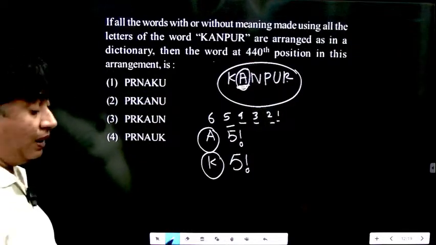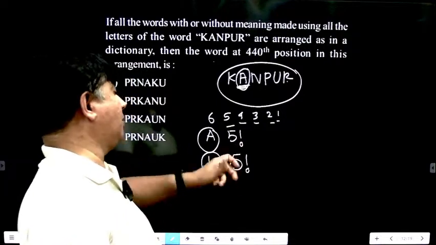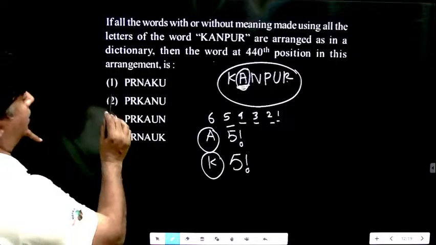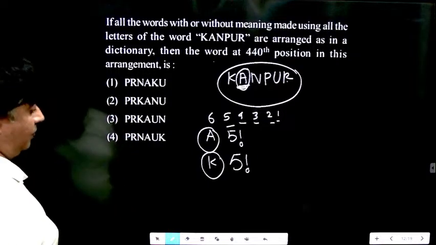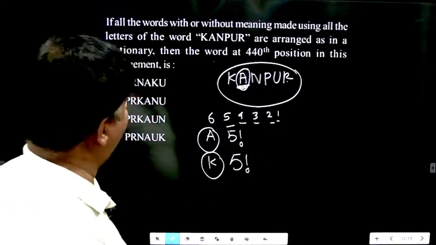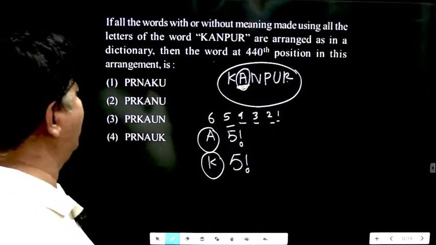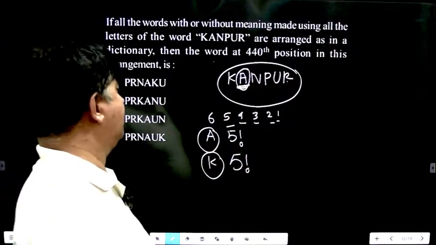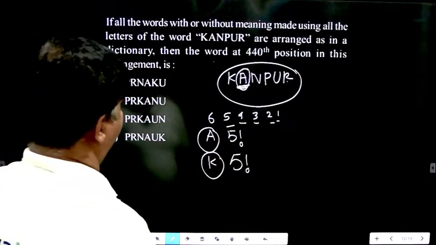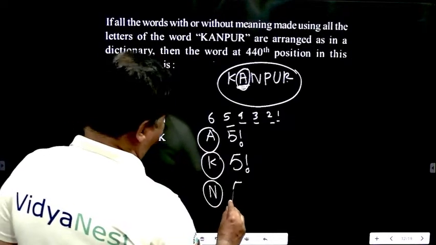You can ask me why I'm considering all this factorial 5, because I have to find the position of a word which starts with P, but we have not got the starter as P. Now after K, according to the order of the letters in the dictionary, what should come? N. Fix N, then also factorial 5.